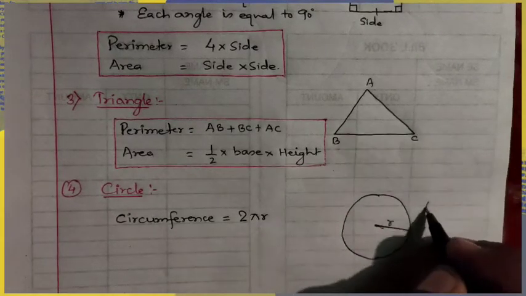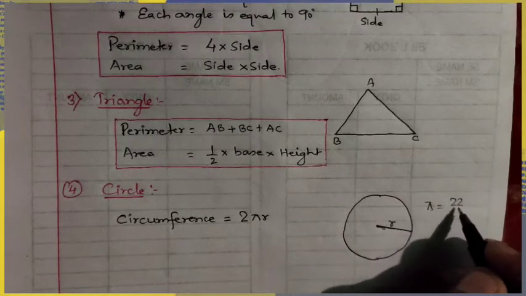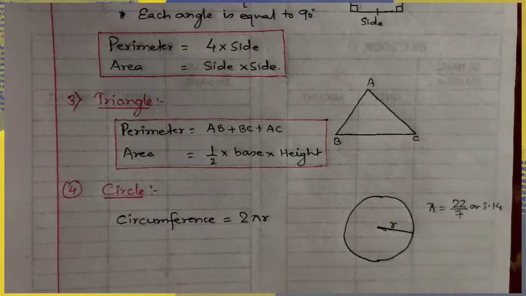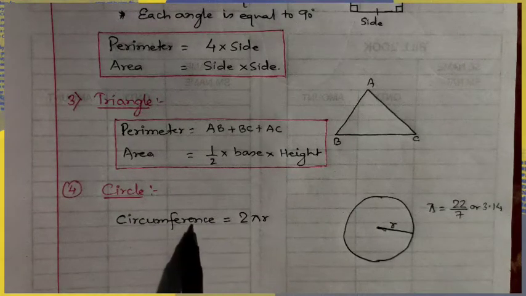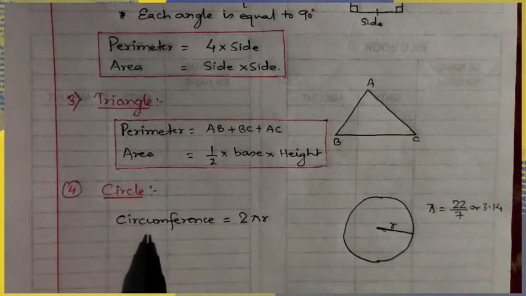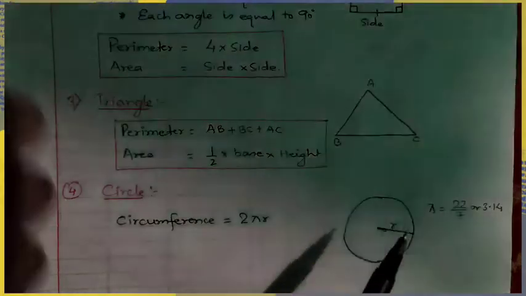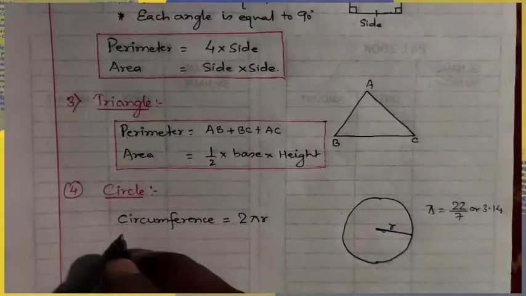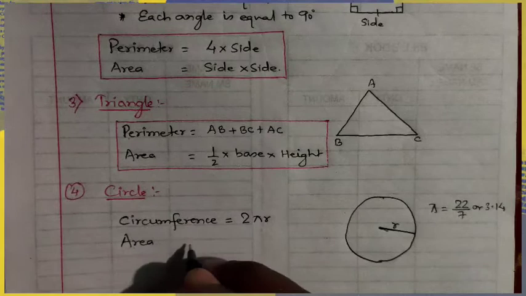The value of pi is fixed, that is 22 by 7 or 3.14. This is the formula for calculating circumference. Circumference and perimeter both are the same term, but this term is used for circle and perimeter is used for other figures.